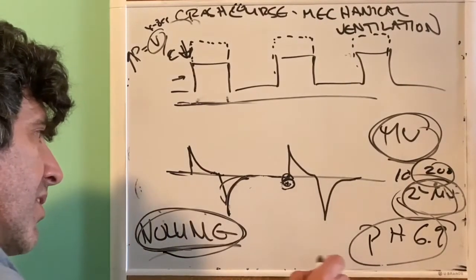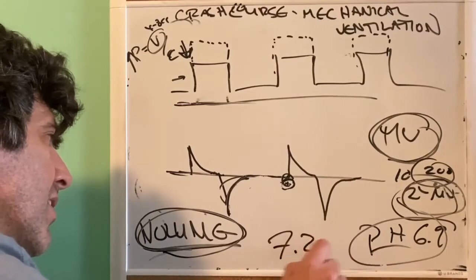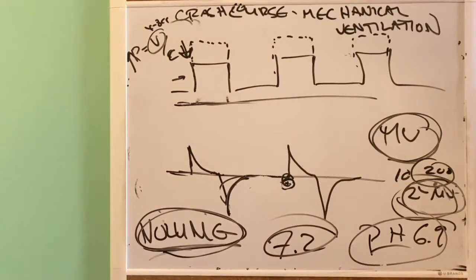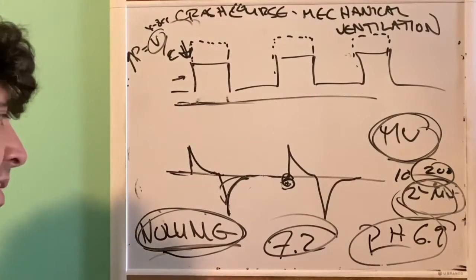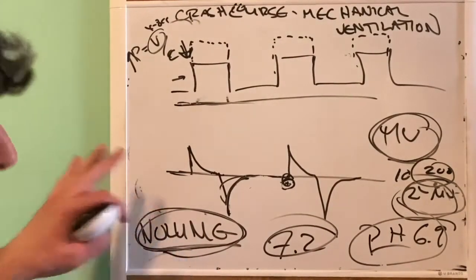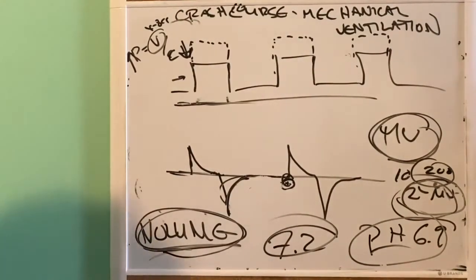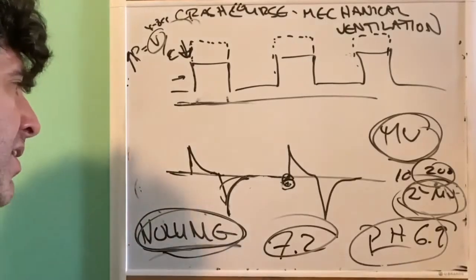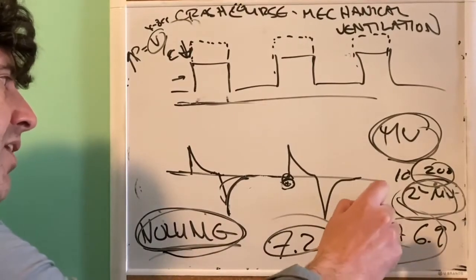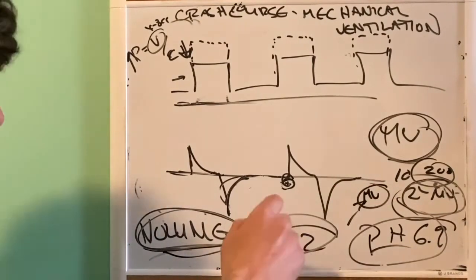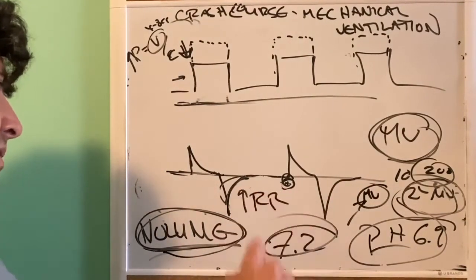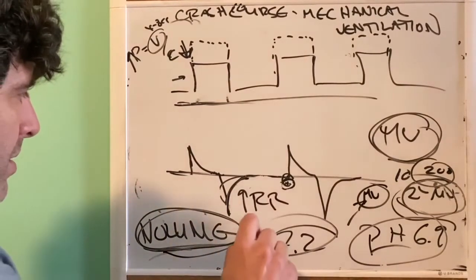For example, if I say I'm not going to tolerate anything below 7.2, then you have to manipulate the vent accordingly. This is presuming now in these ARDS patients that the patient is either heavily sedated or paralyzed, and so you're predominantly in control of everything. So you have to increase the minute ventilation. How do you do that? Well, you can increase the respiratory rate, or you can increase the tidal volume.